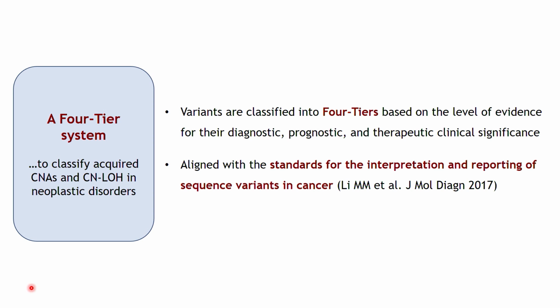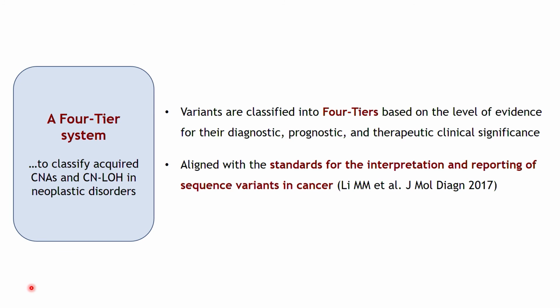Moving on to the most important component of these recommendations, which is the 4-tier system to classify acquired copy number abnormalities and copy neutral LOH regions. Variants are classified into 4 tiers based on the level of evidence regarding their clinical significance, which can be diagnostic, prognostic, or therapeutic.